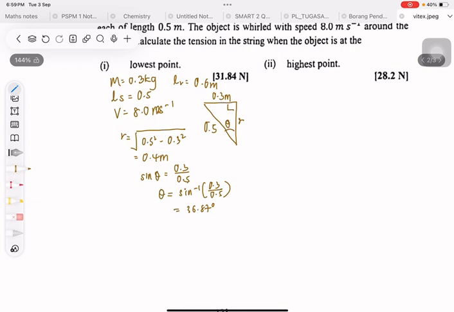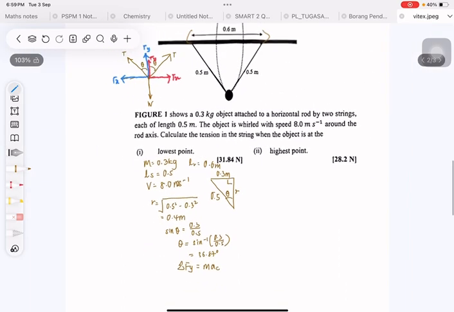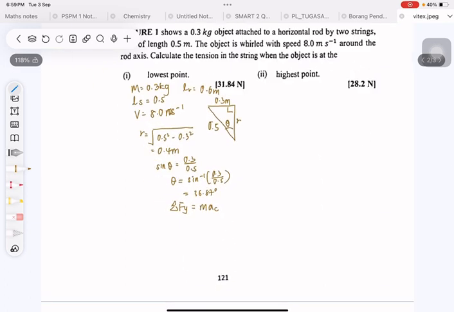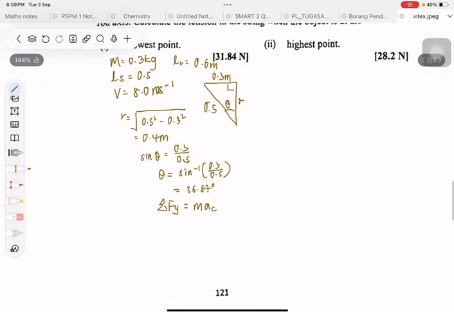Now I will use the formula: sum of Fy equals mass times centripetal acceleration. From the free body diagram, we know that the sum of Fy is Ty plus Ty minus weight, equal to m v squared over r. Why do I use m v squared over r?